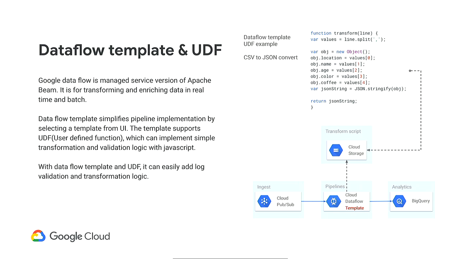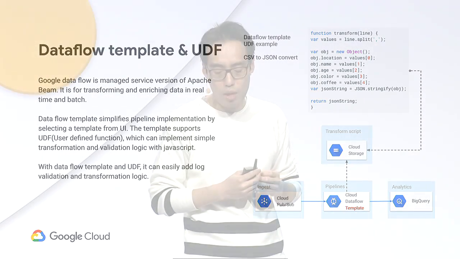However, instead of manual coding, Stackdriver provides a template feature. It means that you don't need to code. By a number of clicks in the Google Cloud Console, you can make a data ingestion pipeline. In addition, if you need to add some transformation logic, you can simply implement it using JavaScript, named UDF, User-Defined Function.